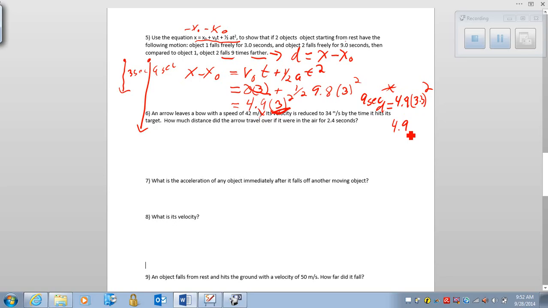I can write this as 4.9 times 3 squared times 3 squared. That means the difference between this and this is this 3 squared number right here. And 3 squared is 9. So that's our proof that it'll go 9 times further than the object that went 3 seconds.